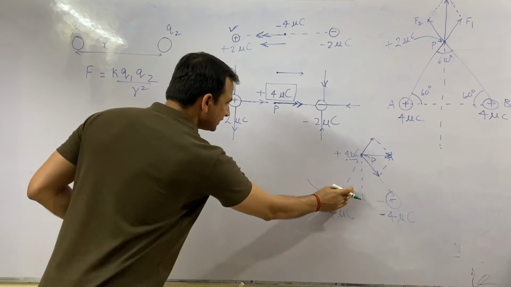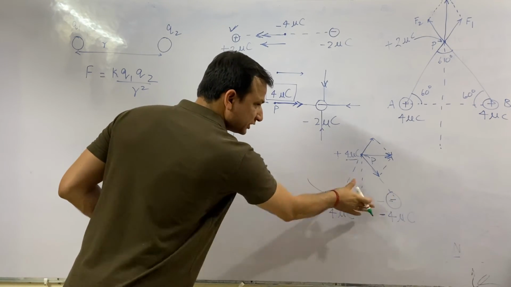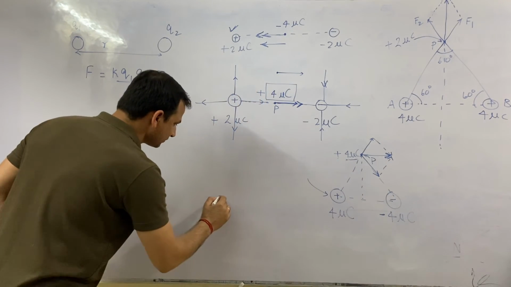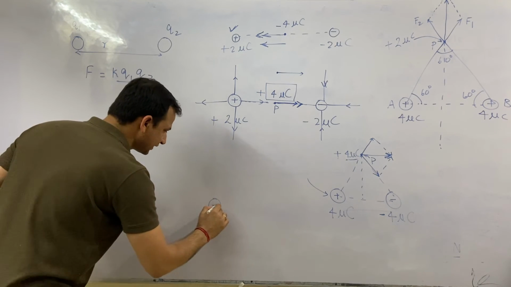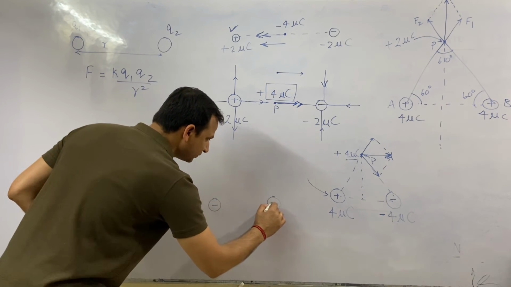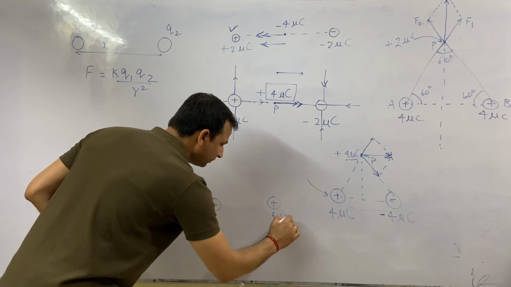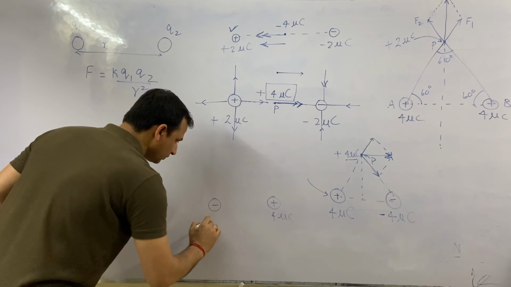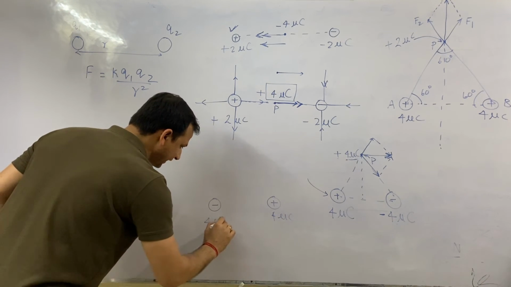So let's change the position of the two charges and keep it something like this. This is negative and here is positive, 4 microcoulomb and 4 microcoulomb again.